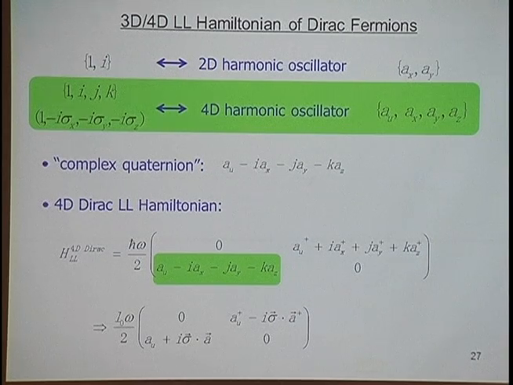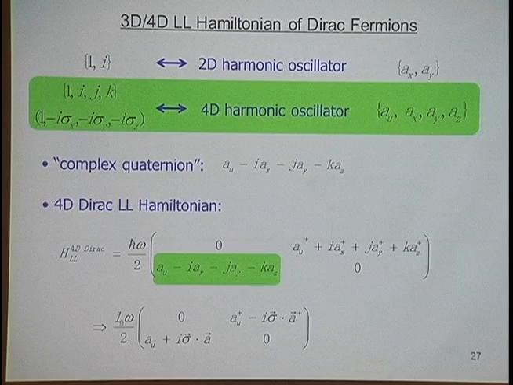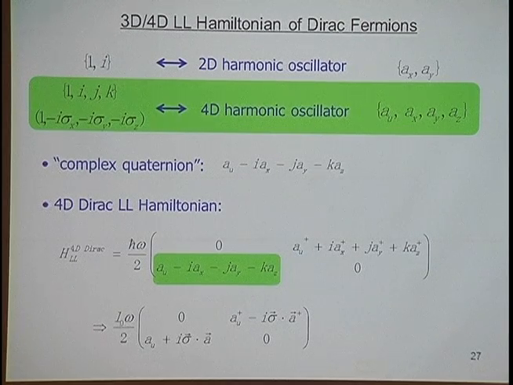My student observed that for the 2-dimensional case, you have a pair of harmonic oscillator operators, and for the complex number, we have 1 and i. So we can make a linear combination between them. In order to exhibit the beauty of quaternions, let me directly go to 4 dimensions. If I want 3 dimensions, I can do dimension reduction and come back to 3 dimensions later.